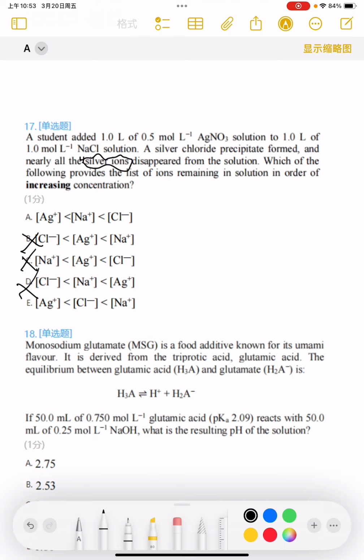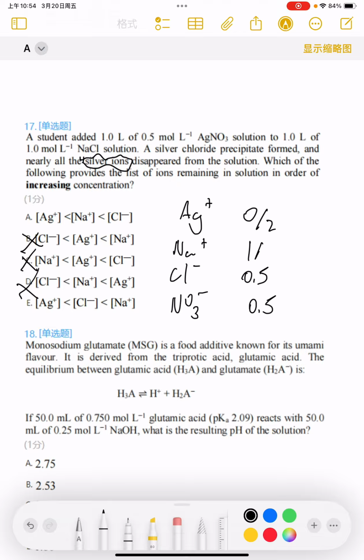And for the remaining, I'll list the chart: Ag plus, Na plus, Cl minus, and NO3 minus. Over here, we know that this is basically 0. This is 1. This is 0.5. This is 0.5. And you have to divide by 2, 2, 2, 2.